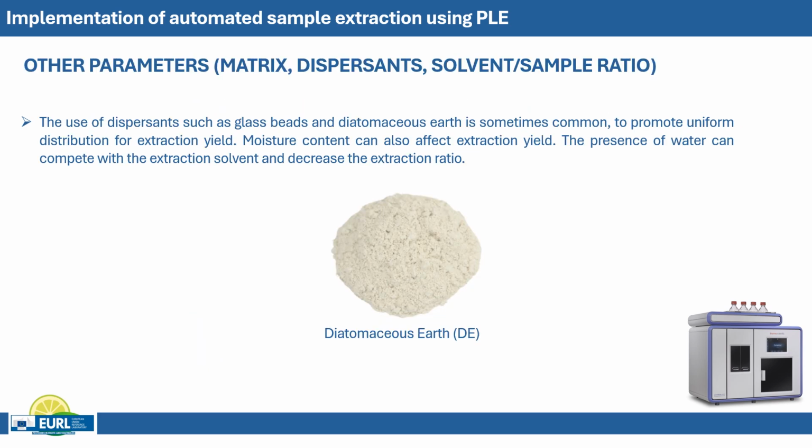The use of dispersants such as glass beads and diatomaceous earth is sometimes common to promote uniform distribution for extraction yield. Moisture content can also affect extraction yield. The presence of water can compete with the extraction solvent and decrease the extraction rate.